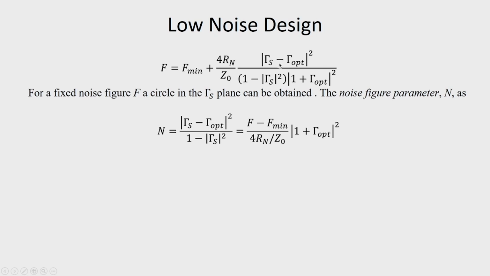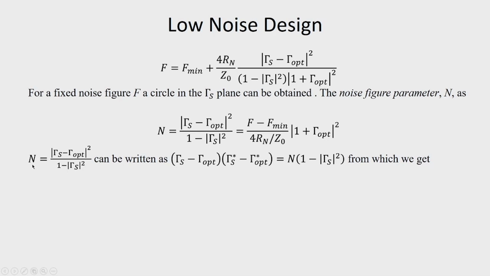So, essentially the ratio of these two terms, and then we get this equal to f minus f min divided by 4 r n divided by z naught, mod of 1 plus gamma opt square.